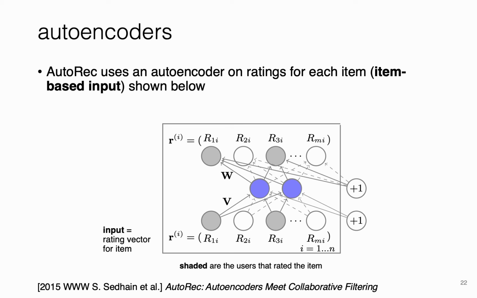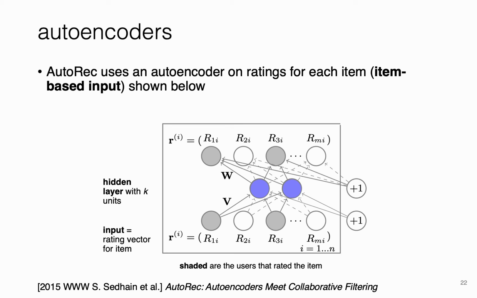The input is depicted in the bottom of the figure, the input layer. This layer has m units, 1 per user. Here we show as shaded a unit if the corresponding user has rated the item. Next, the hidden layer contains k units and thus produces an embedding of dimensionality k for each item.